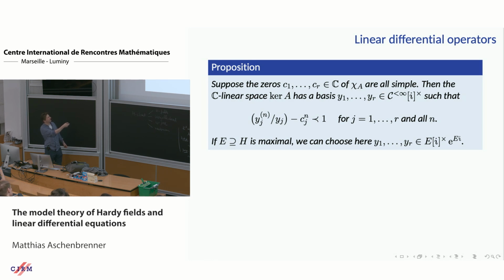And it goes for this higher derivative, so y double prime over y goes to c squared, etc. But from our description of the solution spaces, you can actually see that you can take these y's here in this context to be of this exponential nature as before.